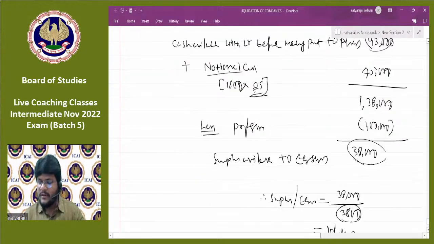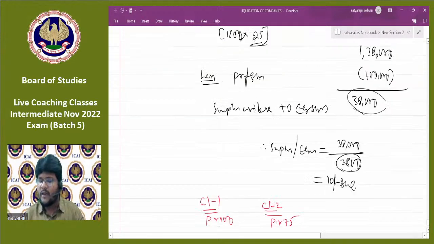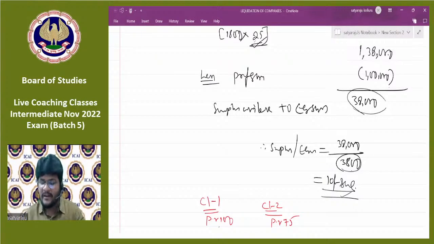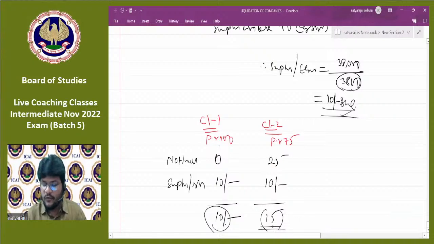In that case, each equity shareholder will get 10 rupees per share. But there is no need to ask 25 rupees and no need to distribute 10 rupees per share for each and every equity shareholder, so I check the net effect. For class 1, the net effect is you need to distribute 10 rupees per share. Class 2 shareholders need to contribute 15 rupees per share. This is the net impact I found through this working note.